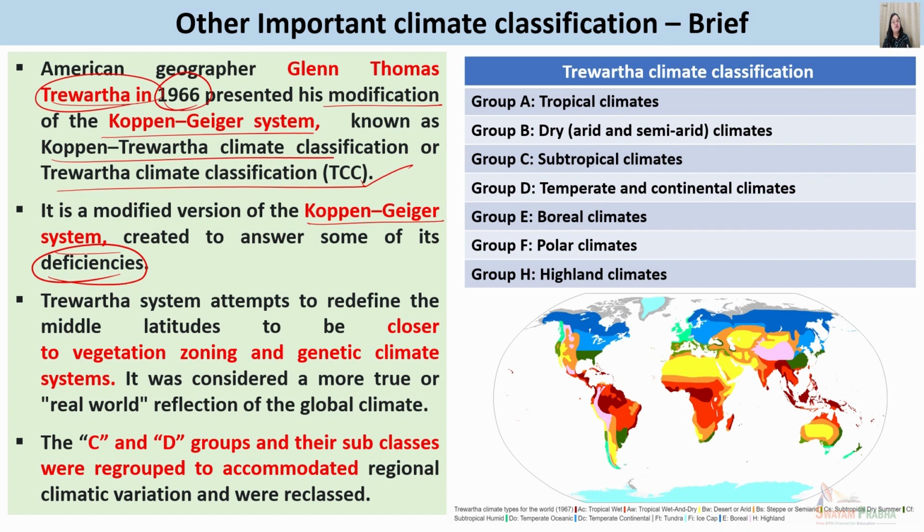The Koppen-Geiger scheme was not able to define most of the smaller microclimatic regions. So Trewartha basically attempted to redefine the climate of the middle latitudes to be closer to vegetation zoning and the genetic climate system. So it was considered a truer, more real-world reflection of the global climate.